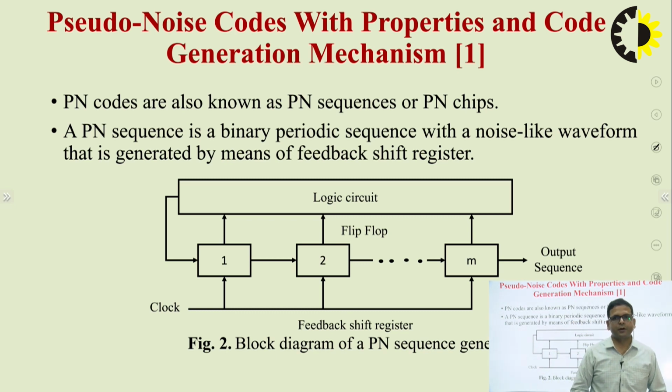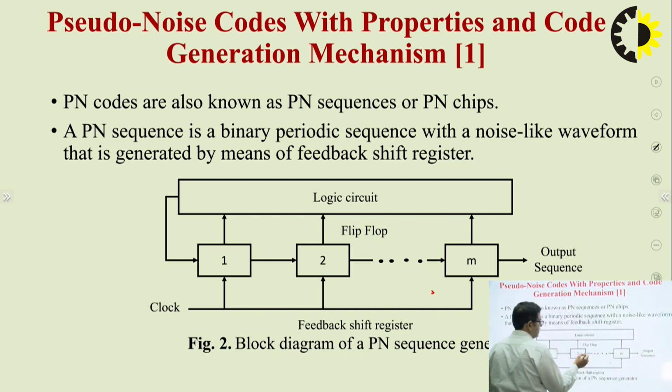a feedback shift register, as I have demonstrated in this circuit in figure 2. This is the feedback shift register in which the feedback to the first flip-flop is provided by a logic circuit. This logic circuit computes a Boolean expression with the states of the flip-flops, and the output of this logic circuit is fed back to the first flip-flop. All the flip-flops in this feedback shift register are governed by a single clock.